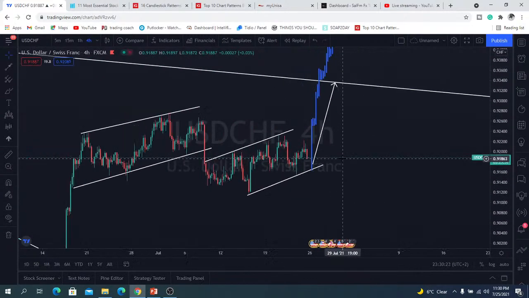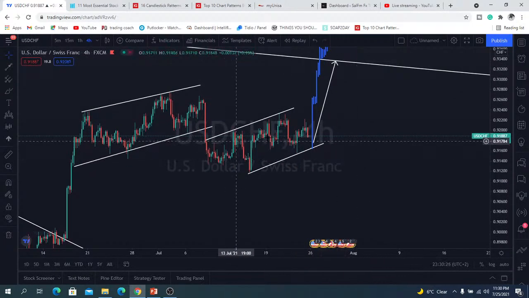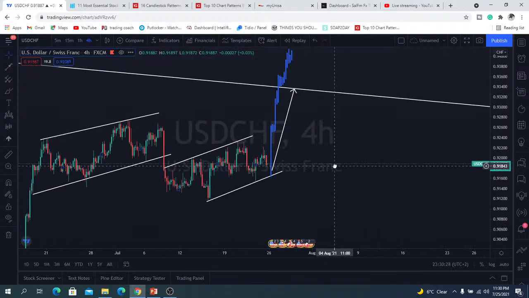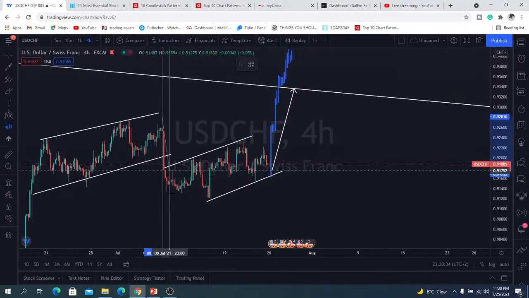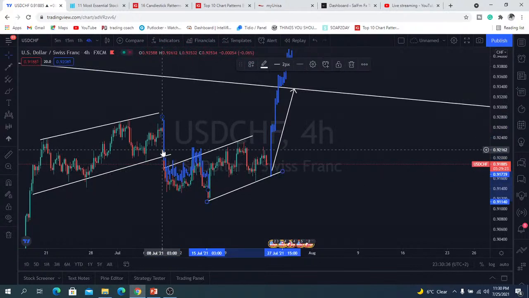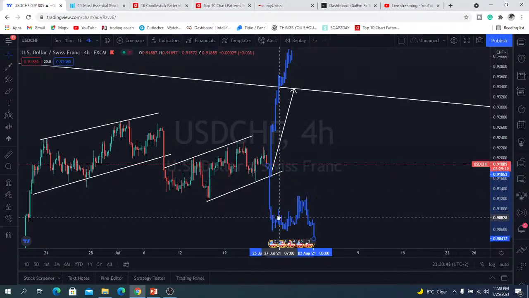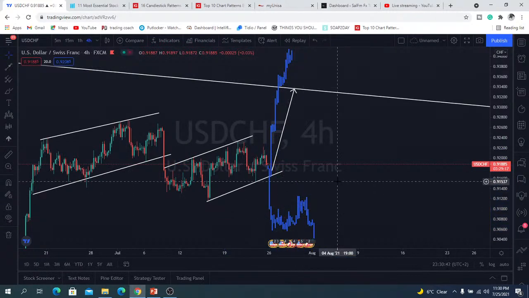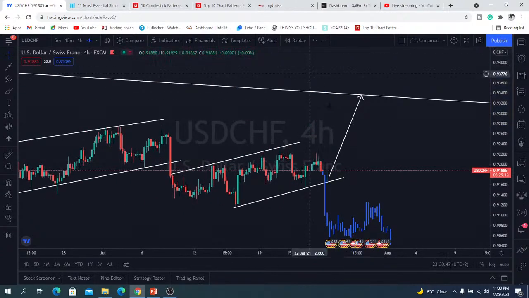so this is the first possibility that I'm looking at on this one right here. Otherwise, if that's not the case, then I'm going to look for this one right here, for this move right here. Let me delete this one right here.